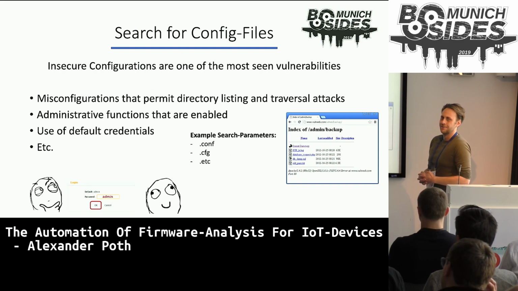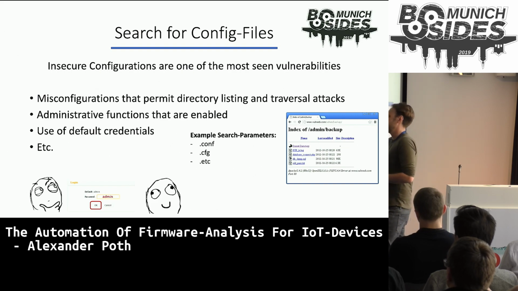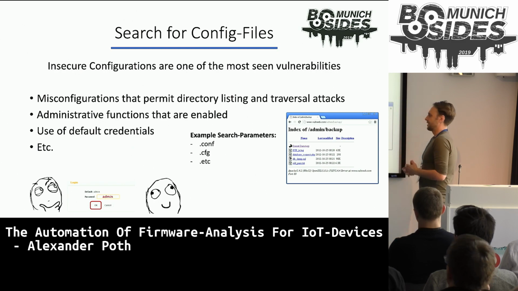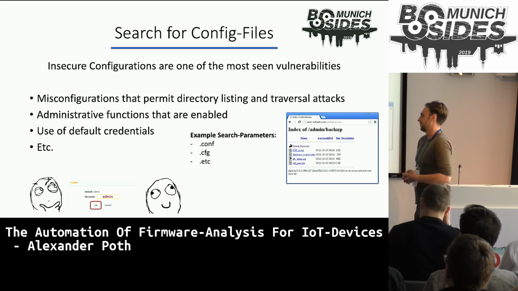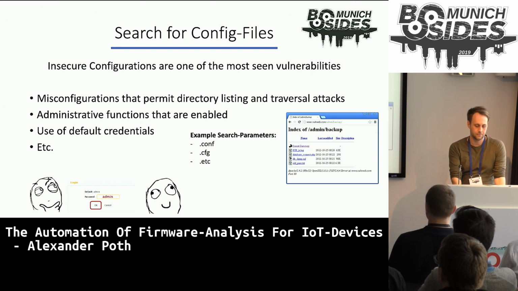This is a very common misconfiguration. And what is also very often seen is the use of default credentials like admin. So you should always check the configuration files inside your binary. For example, you can search for .conf, .cfg, etc.